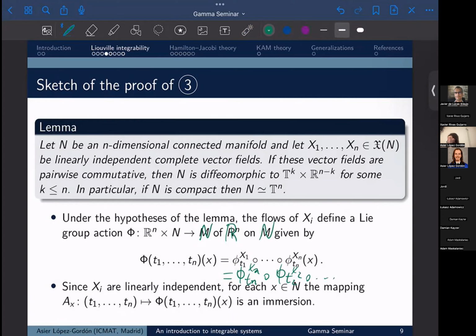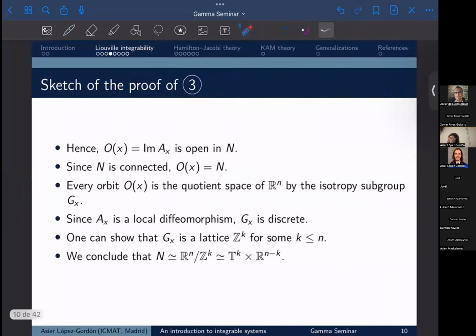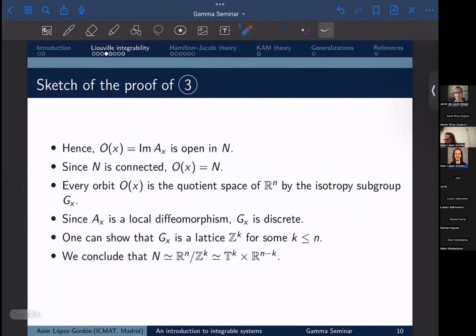and we can check that for a fixed x on the manifold, this mapping is an immersion.